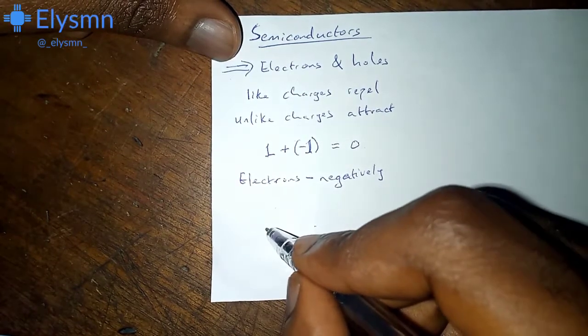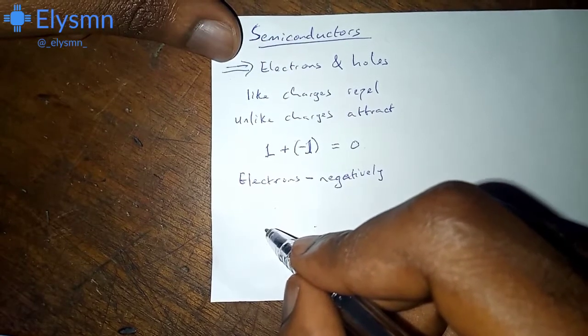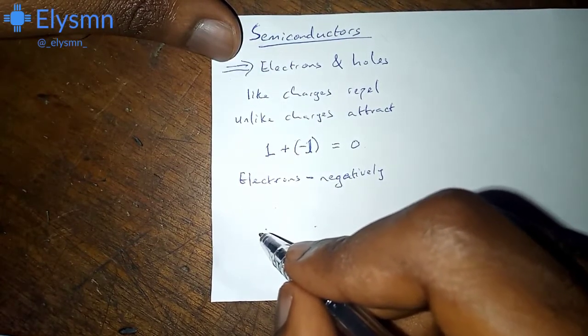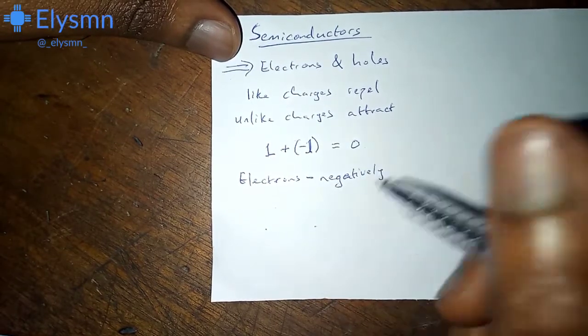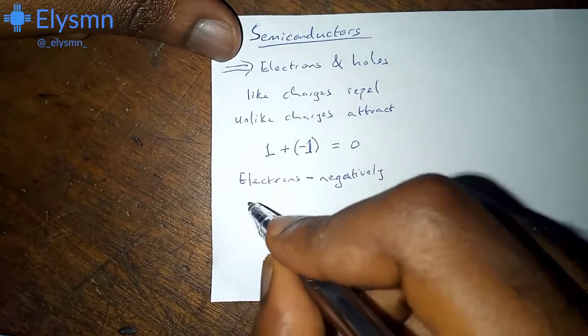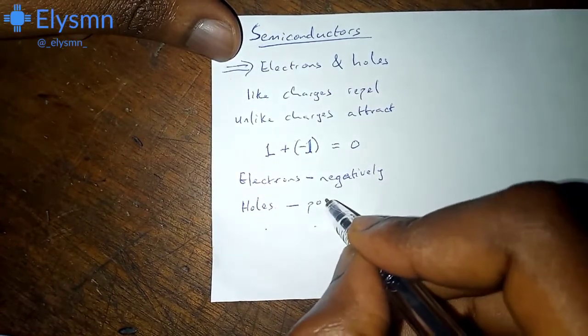So it's made this point imbalanced by removing the negative, making here positive. So this becomes a positive charge of equal magnitude to the electron. So holes are positively charged.